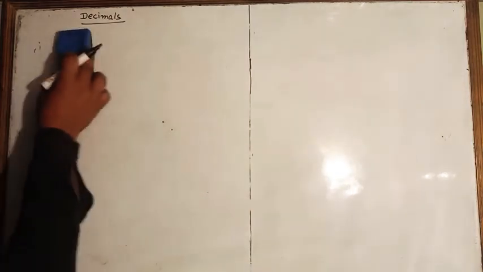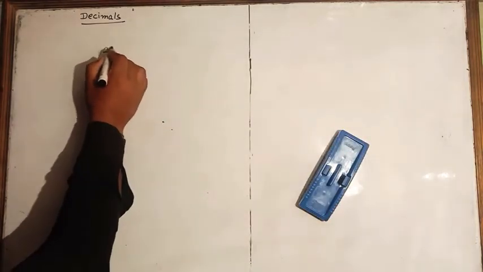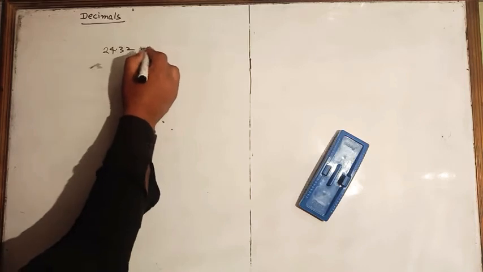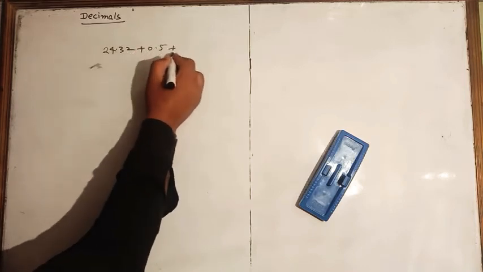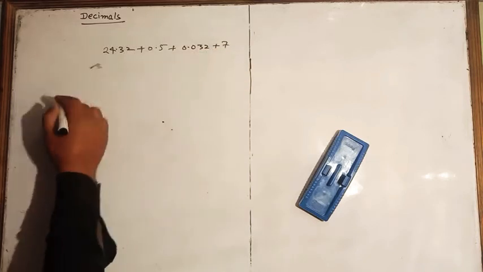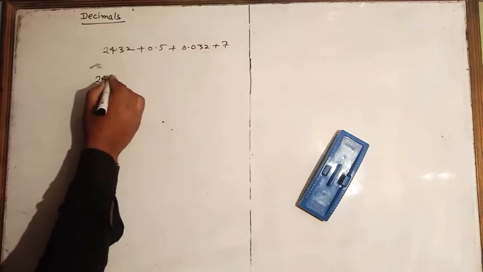If our numbers are like this, 24.32 plus 0.5 plus 0.032 plus 7, then how will you add? Again write it vertically, 24.32.